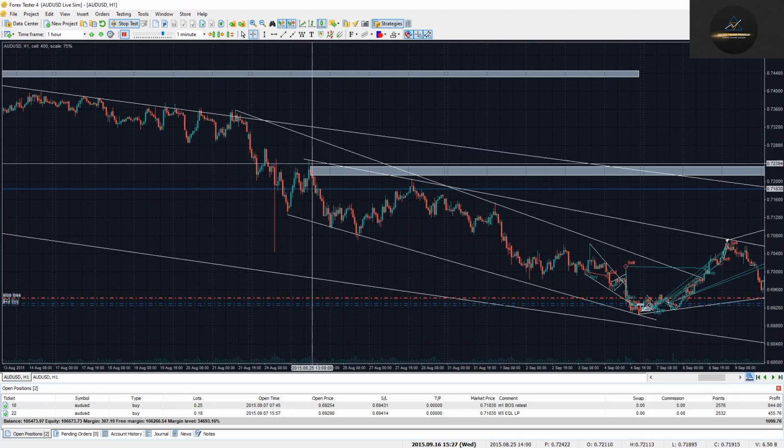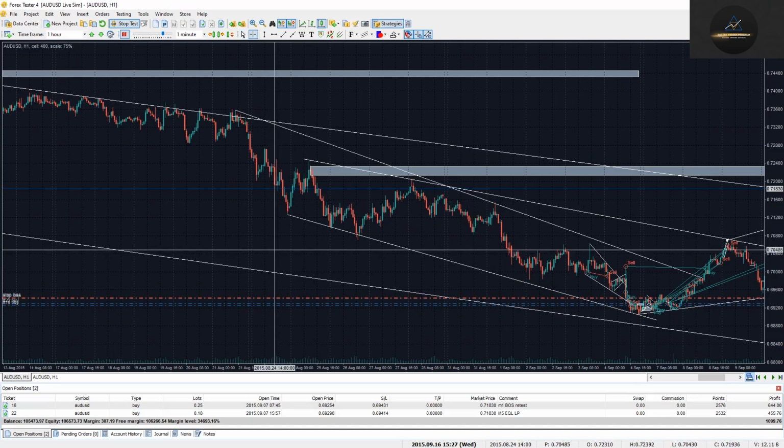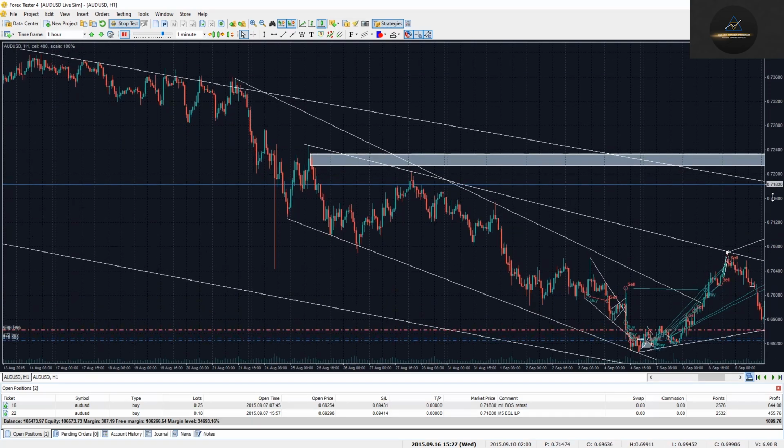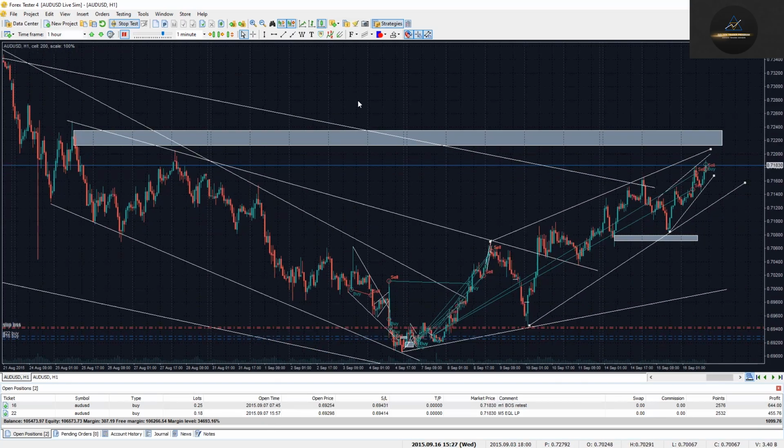So this isn't really that relevant. The next low was in fact this one. So this is not really a high probability liquidity zone, to be honest. This is just an imbalance. So I'm not going to set a limit.